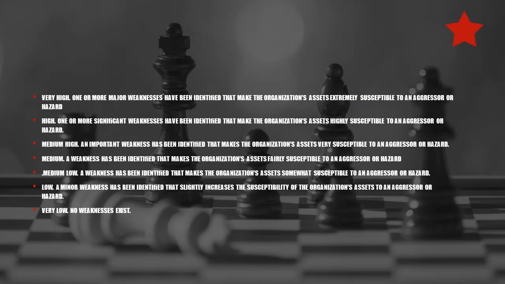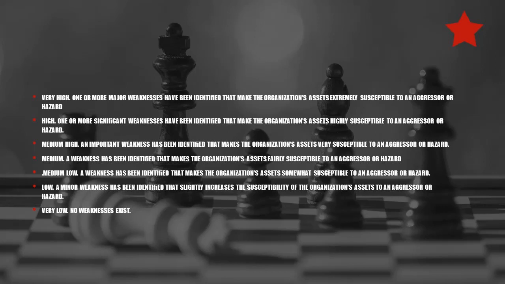Very high. One or more major weaknesses have been identified that make the organization's assets extremely susceptible to an aggressor or hazard. High. One or more significant weaknesses have been identified that make the organization's assets highly susceptible to an aggressor or hazard. Medium-high. An important weakness has been identified that makes the organization's assets very susceptible to an aggressor or hazard.